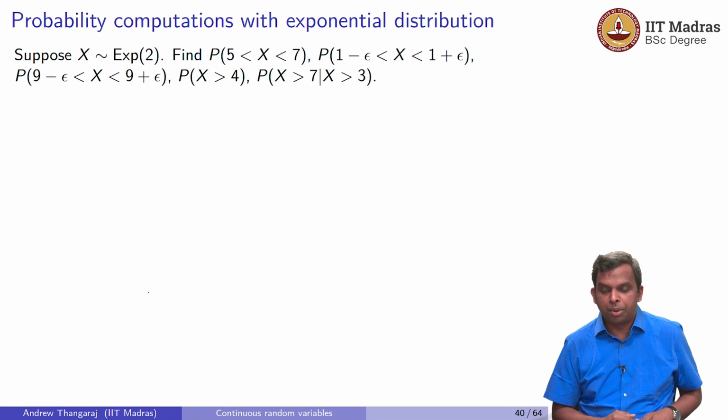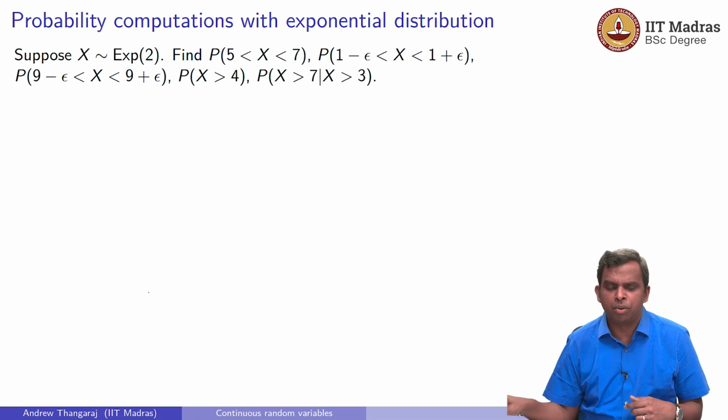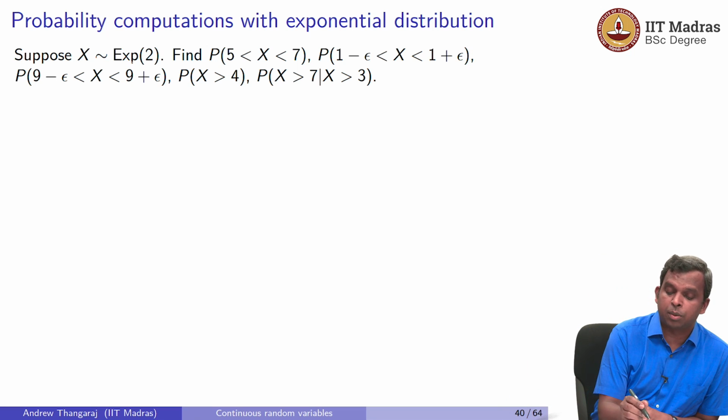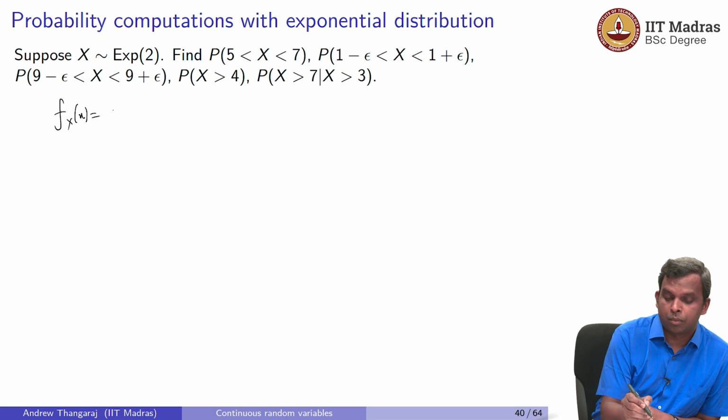Let's do a few probability computations here. It's very similar to before. This x is exponential with parameter 2. So the PDF of x is 2 e power minus 2x for x greater than 0, and 0 for x less than or equal to 0.